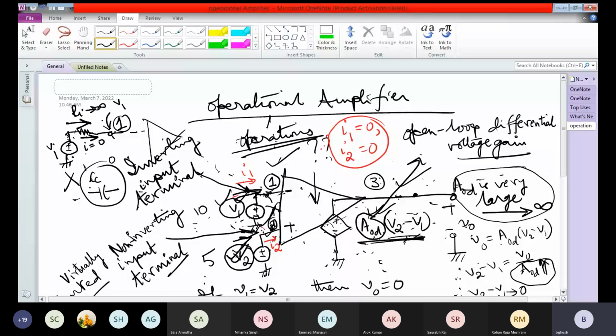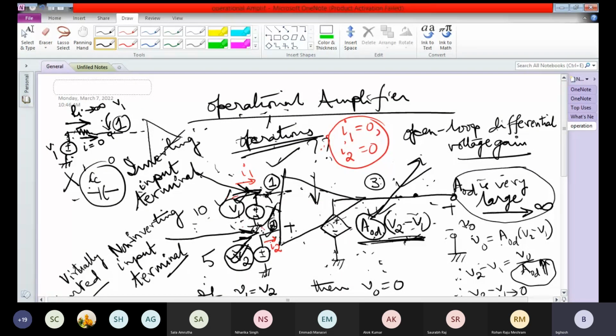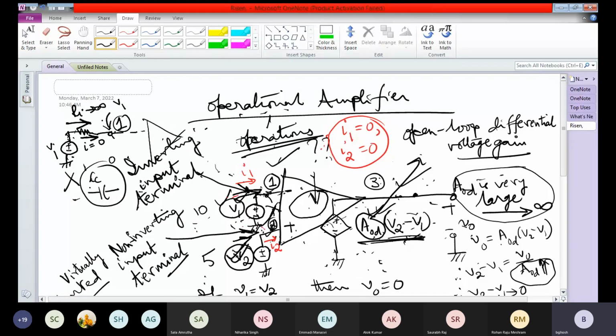That question we are not going to address, but it is a good question. That is dependent on what is lying inside the operational amplifier. It is the job of the circuit inside the operational amplifier to ensure that Ri is infinite. How the operational amplifier achieves this goal, that we are not going to address.